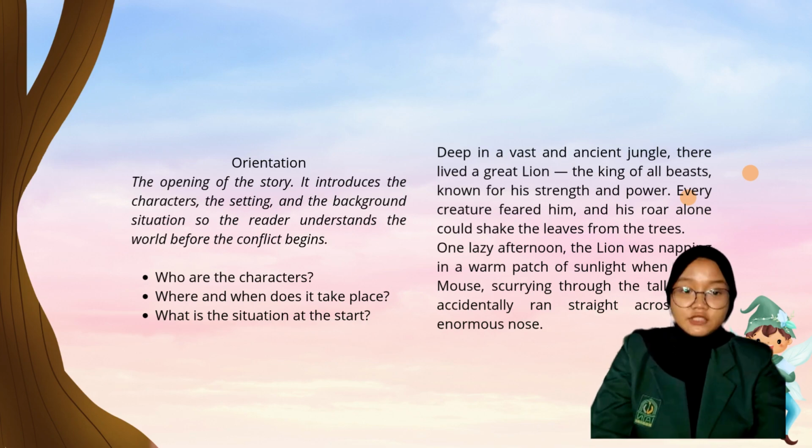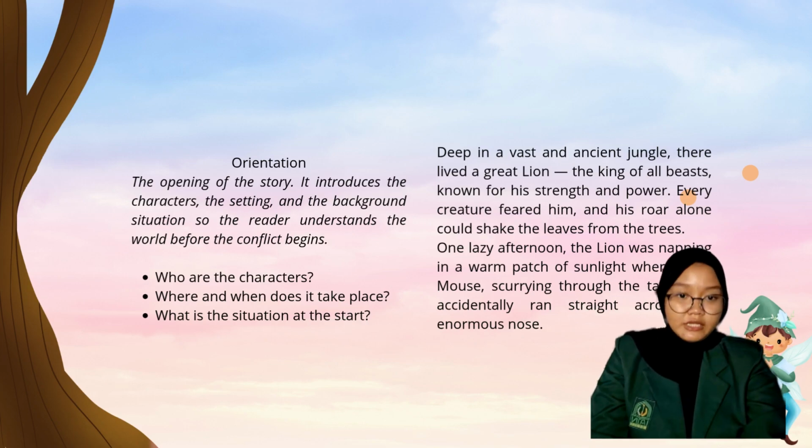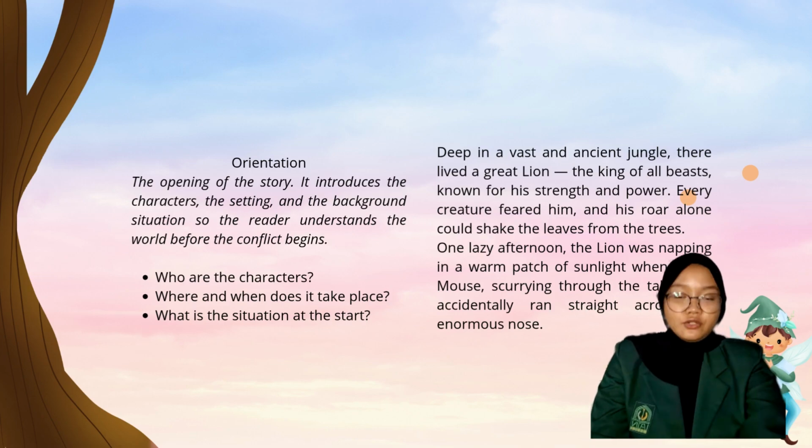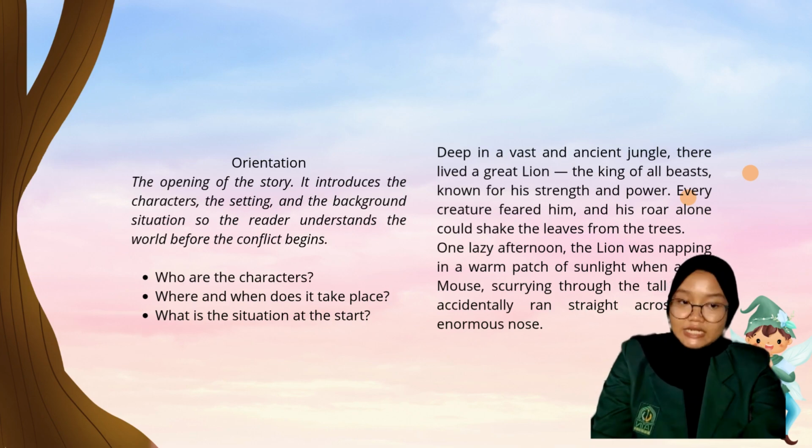One lazy afternoon, the lion was napping in a warm patch of sunlight when a tiny mouse, scurrying through the tall grass, accidentally ran straight across his enormous nose. This part is the orientation.